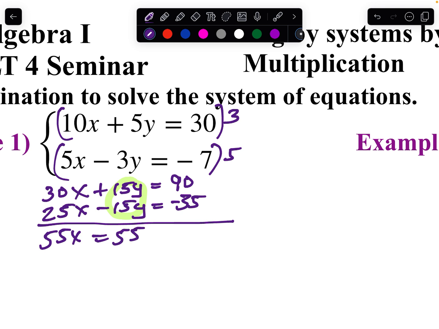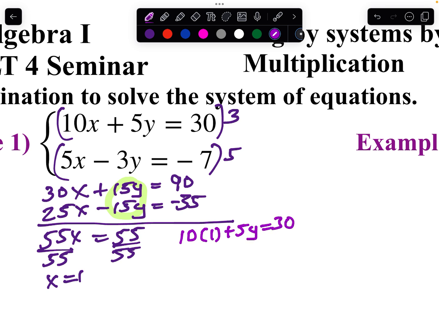So this turns out to be pretty darn nice. X equals 1. Now I can use any of my 4 equations to find y. I think I'll use my first equation. So I'll say 10 times 1 plus 5y equals 30, or 10 plus 5y equals 30.